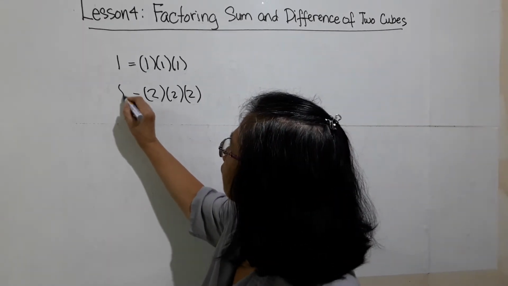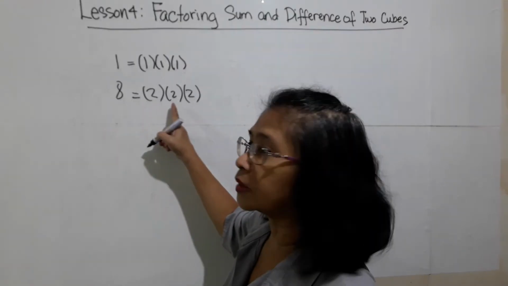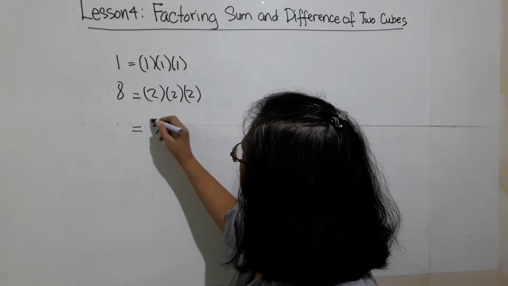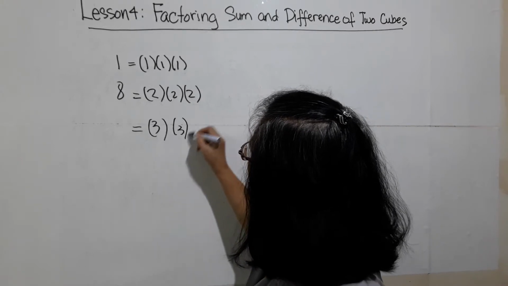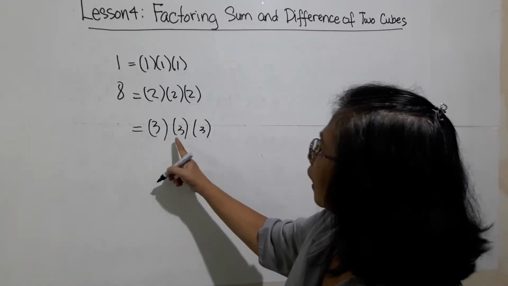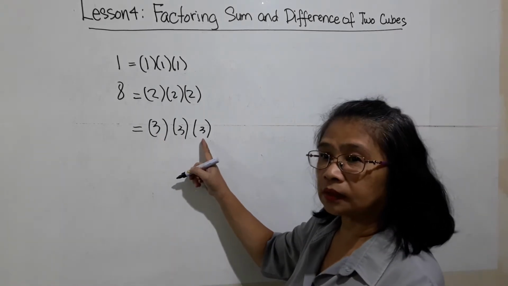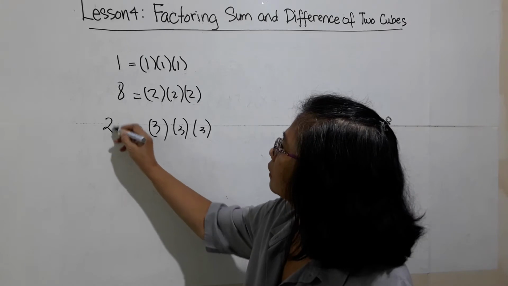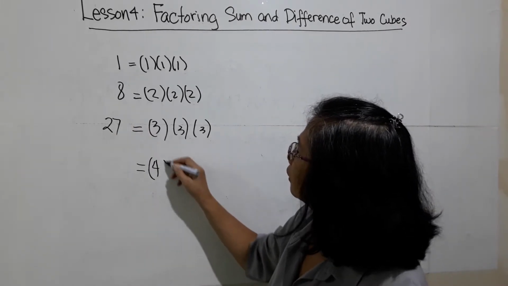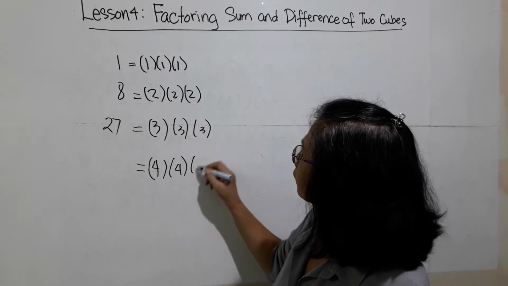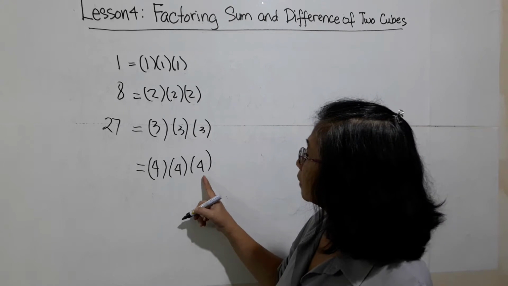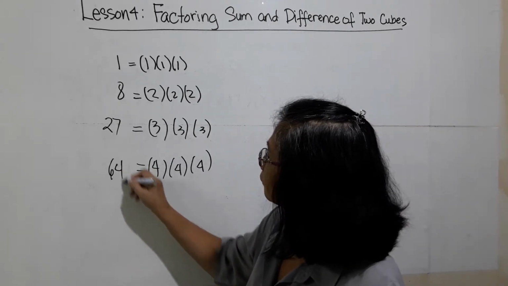I have 8, right? 2 times 2 times 2. If I have 3 multiplied by itself, 3 times 3 times 3 will give you 27. If I multiply 4 times 4 times 4, 4 times 4 is 16, times 4 is 64.